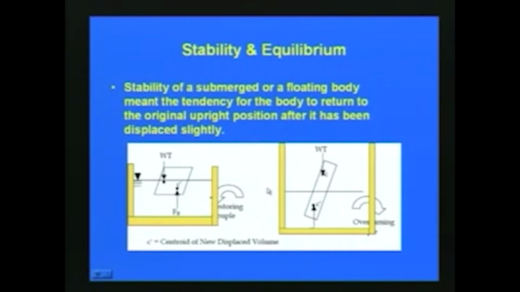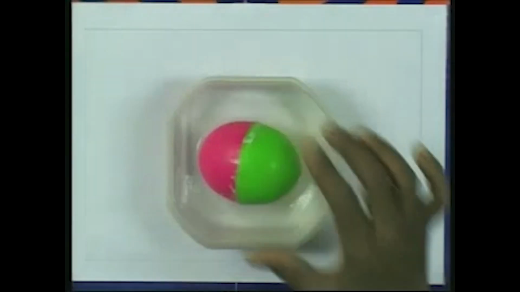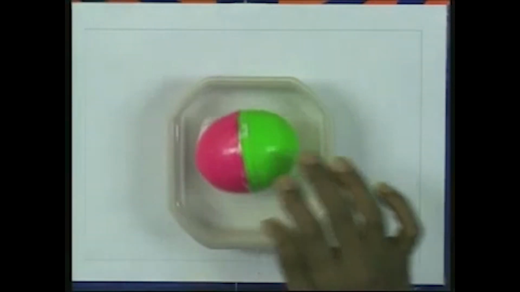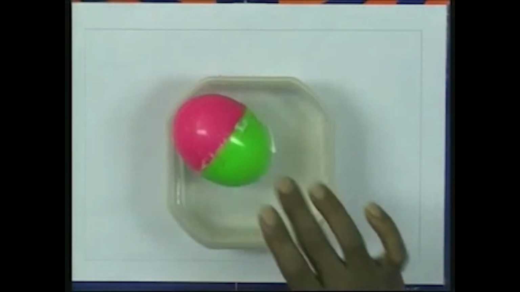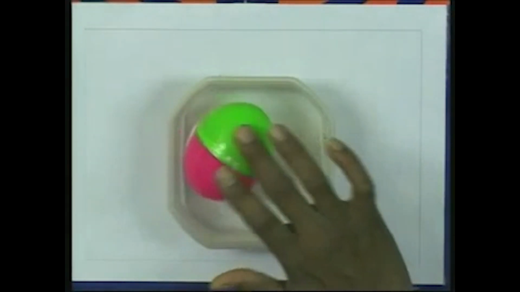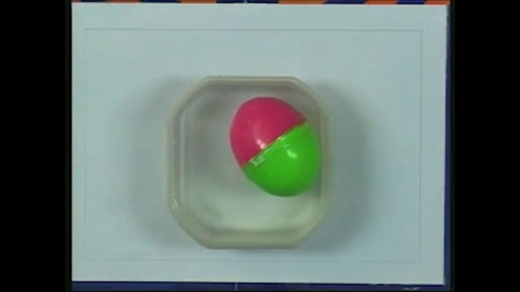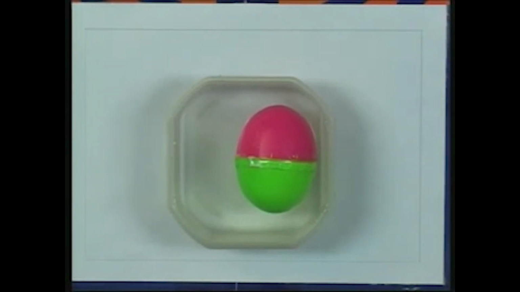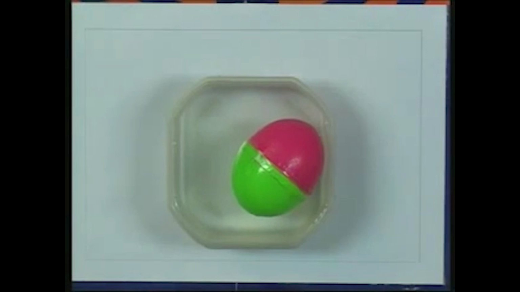So if we have water in a container, we can put a body here, and it is floating. When we give an overturning moment or force, what happens to the body, whether it comes back or it overturns, is what we are discussing here.